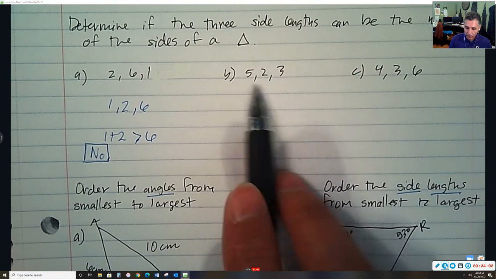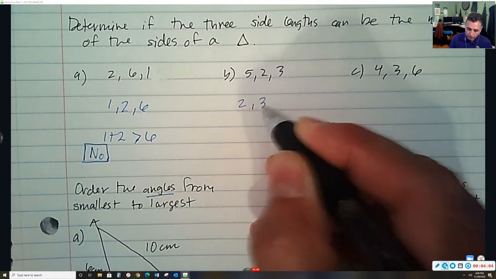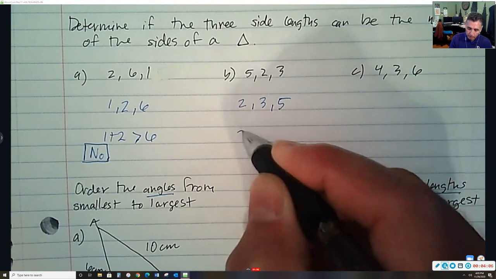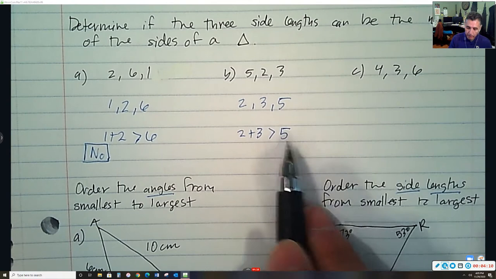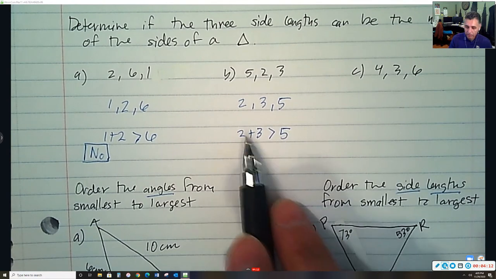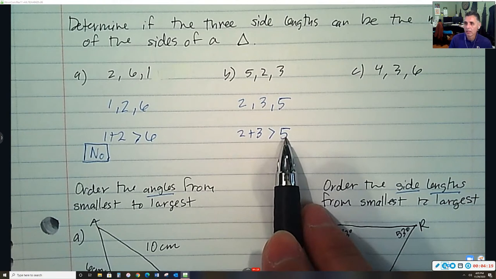Again, what you want to do is put them in order, take those two smaller ones and add them, and then compare it to the bigger one. If this sum is bigger than the third length, then those measurements can represent the triangle side lengths.